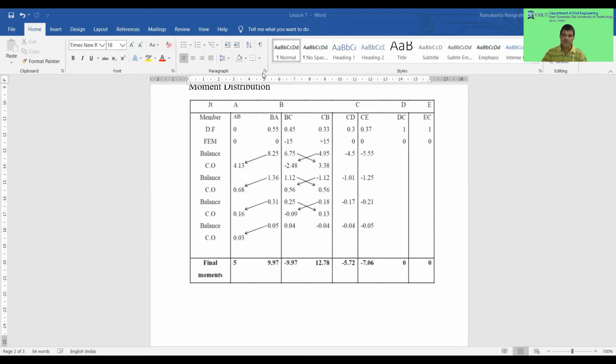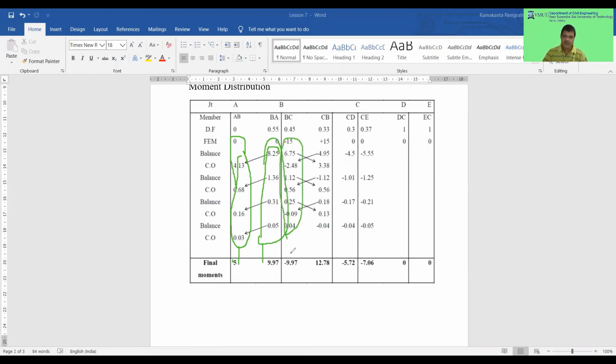To find the final moment, what will we do? We have to add all the moments in this column, including the fixed moments, to find this value. Including the fixed moments, you get 0 here. Now all these values will be added and will give this value.